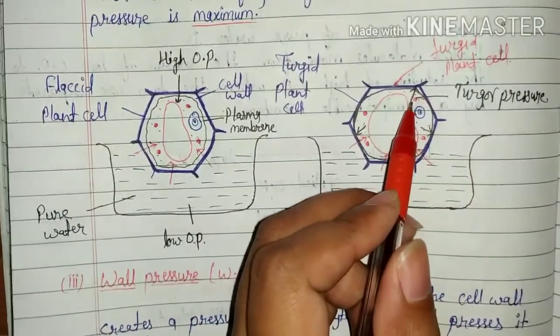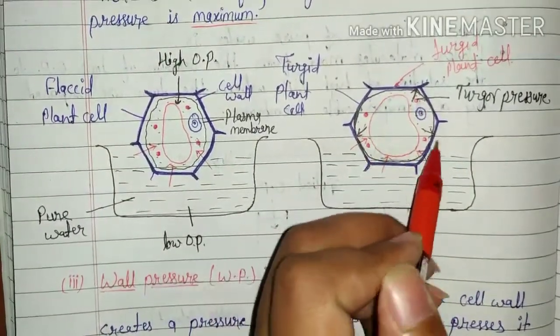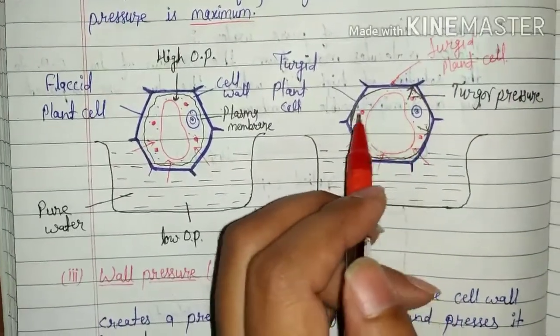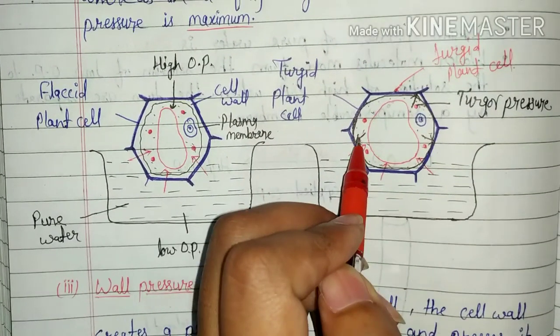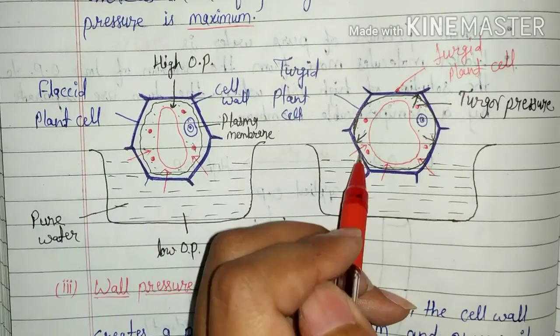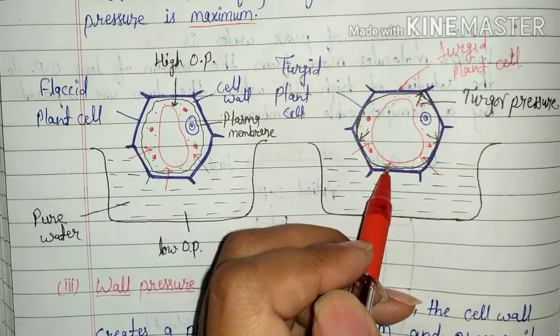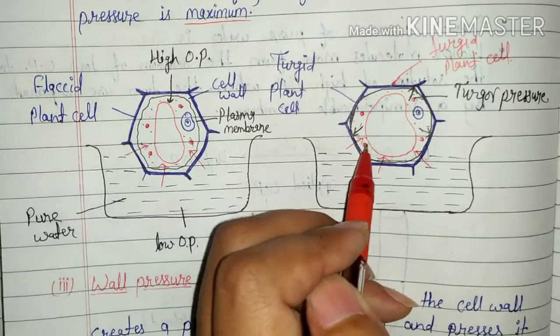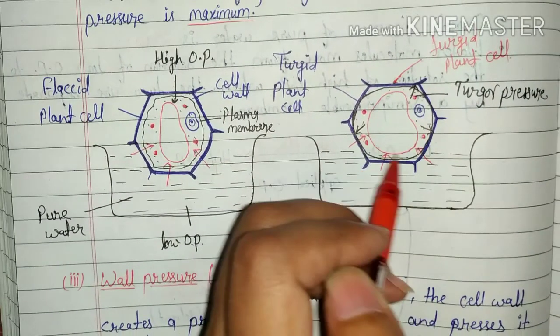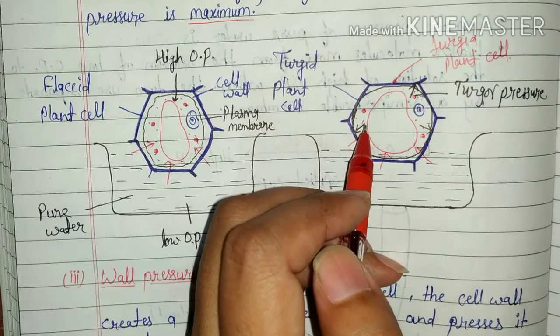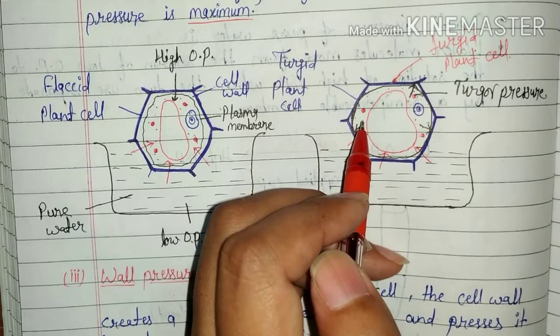It means the cell wants to become fully turgid and the cell membrane is stressed due to endosmosis, and the cell shape or protoplast part develops a pressure against the cell wall. It means outward movement of the cell wall.